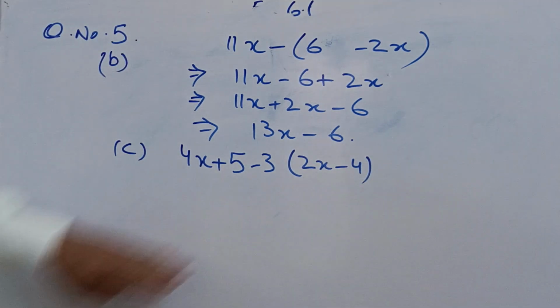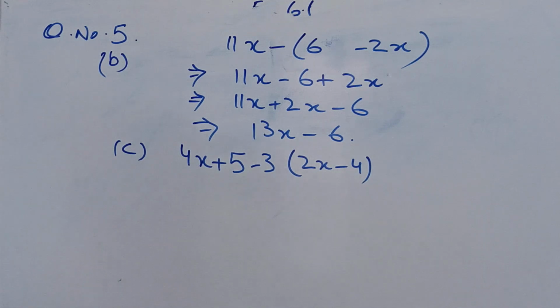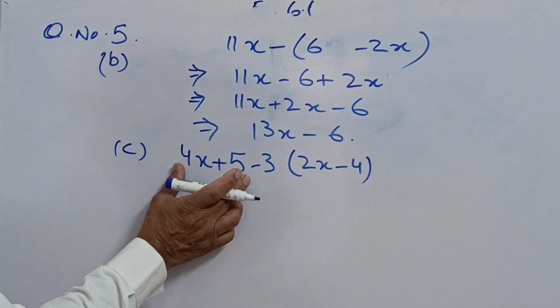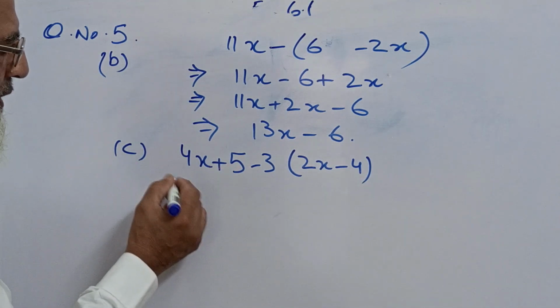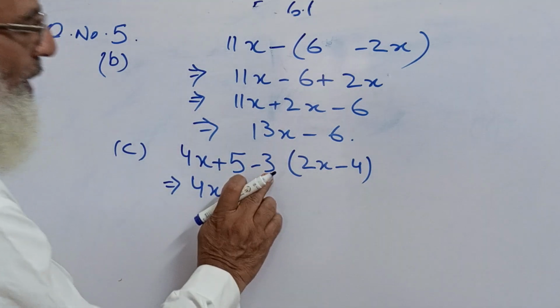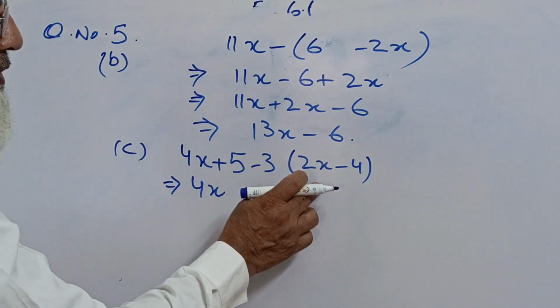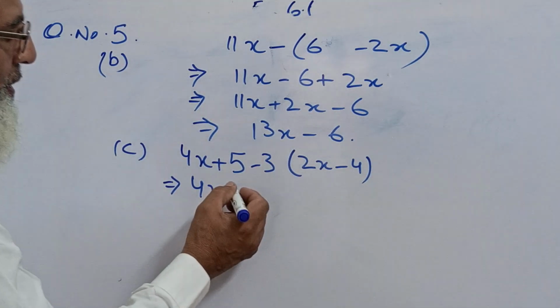Just keep these two quantities as they are, because the only thing we can do is multiply this quantity which is outside the bracket with the quantities within the bracket.